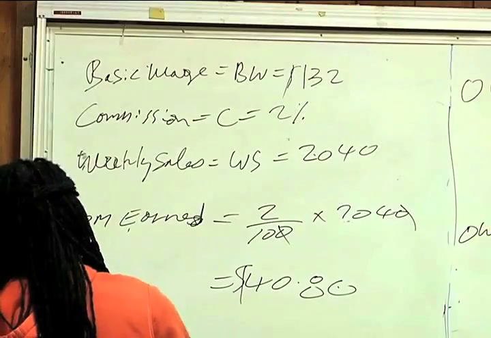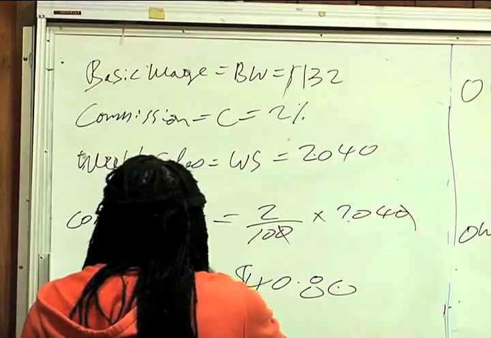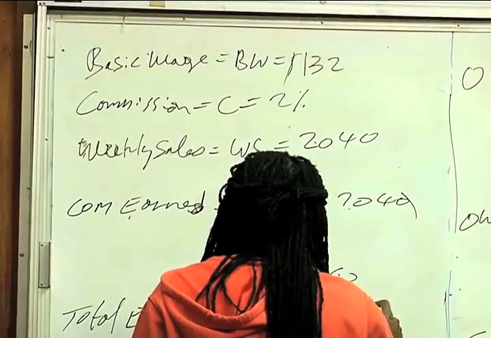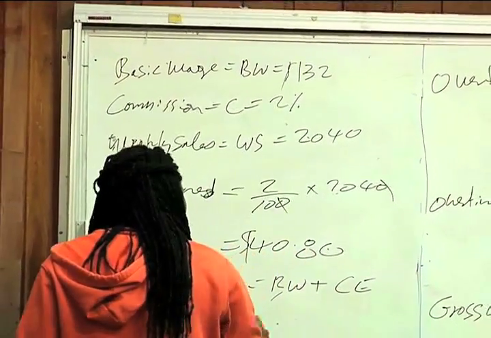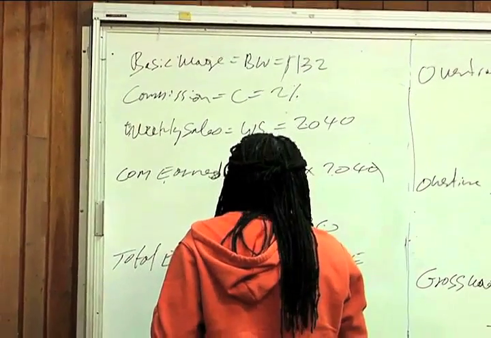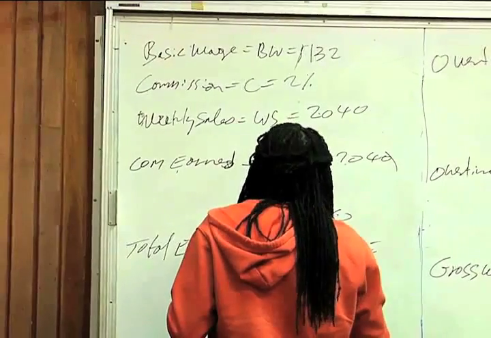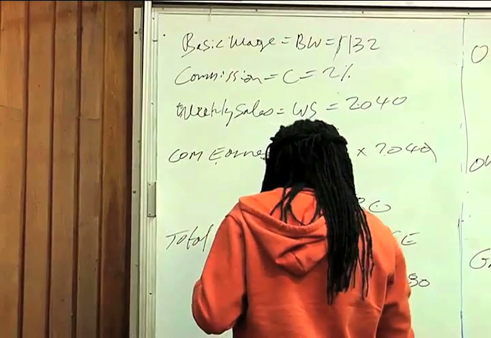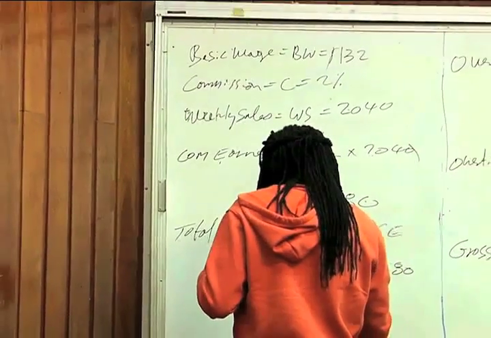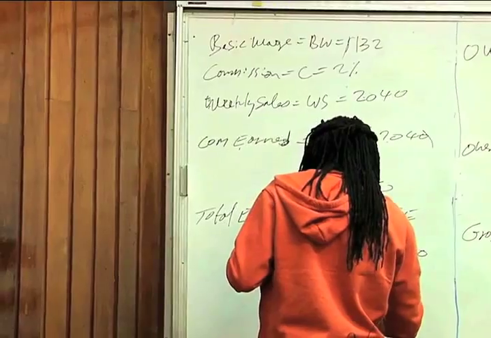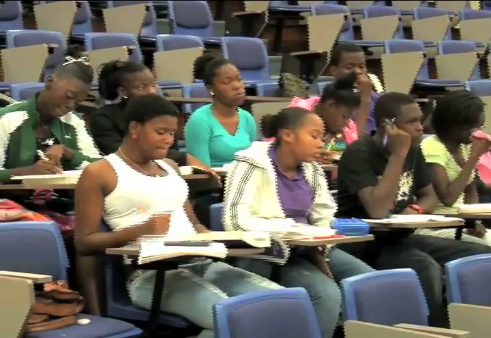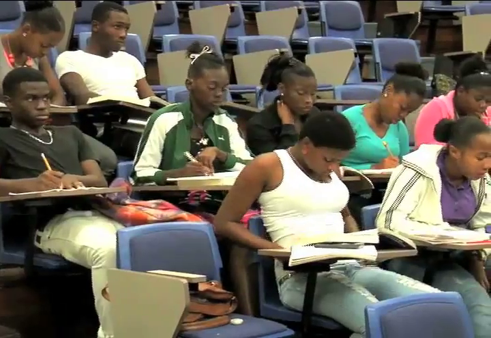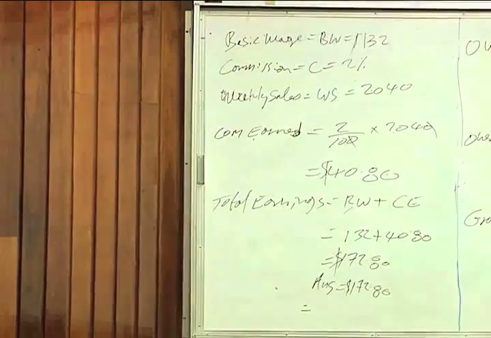So total earnings equals basic wage, BW, plus commission earned, CE, equals 132 plus 40.80, which is 172.80. Simple?